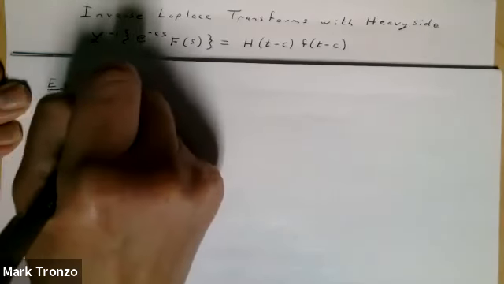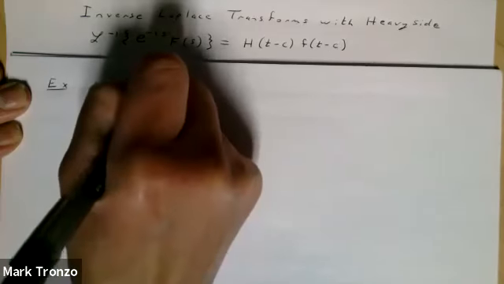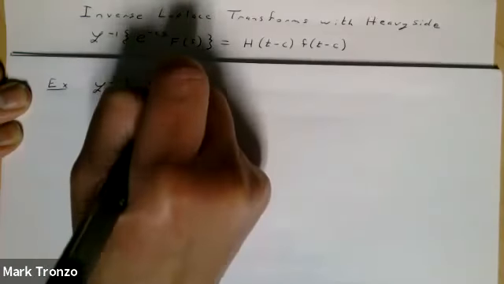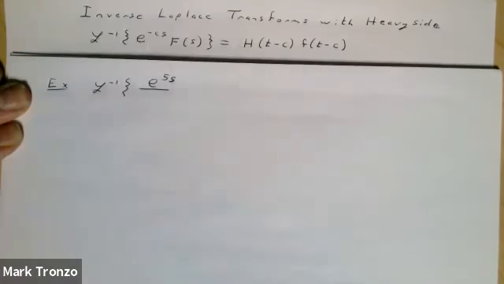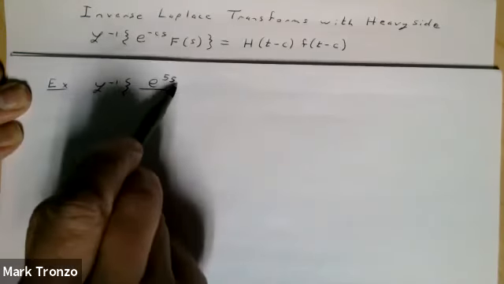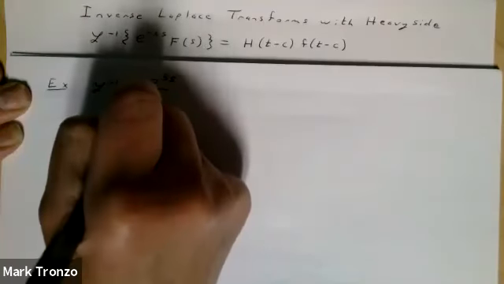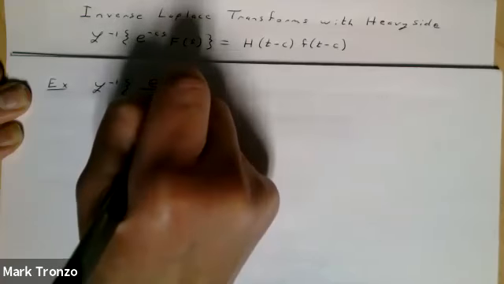We want the inverse Laplace transform of e to the 5s, and again, this is a 5 and that's an s, over s squared plus 4.